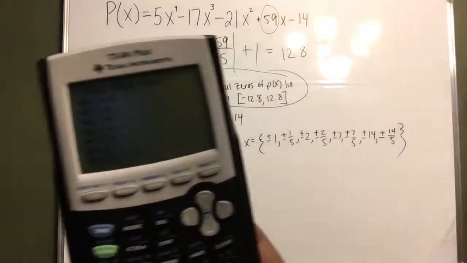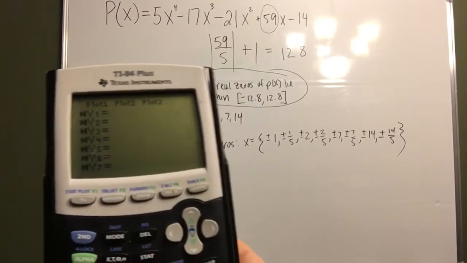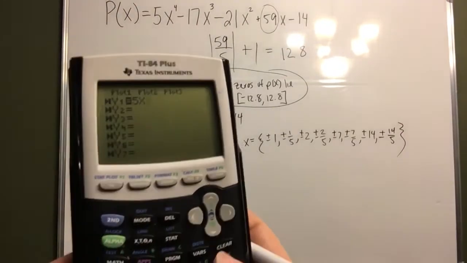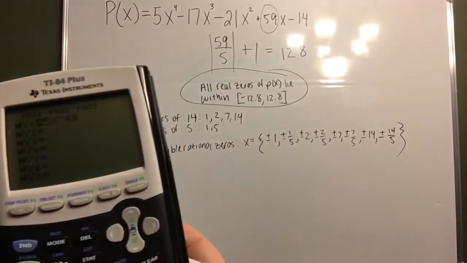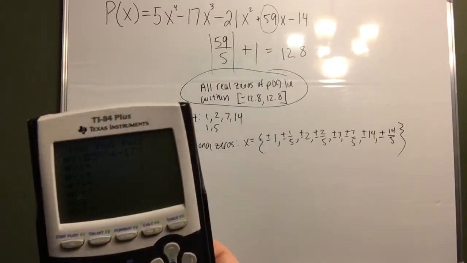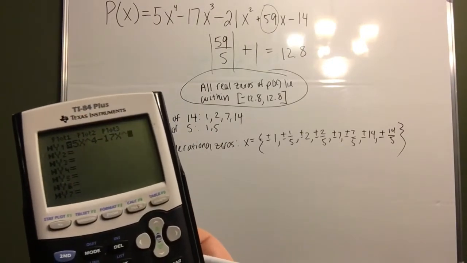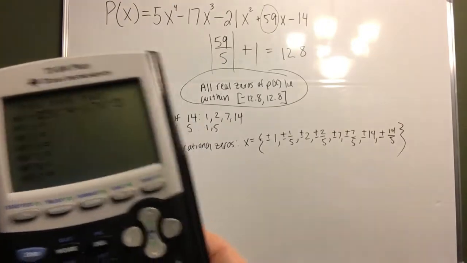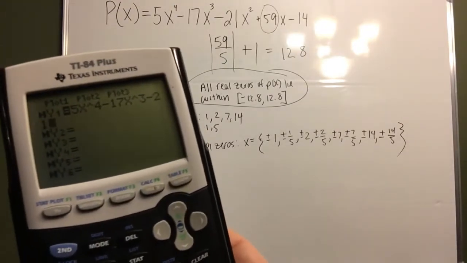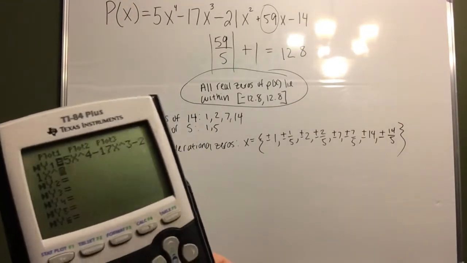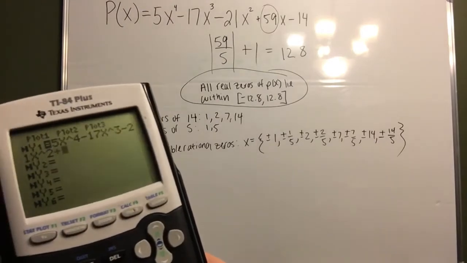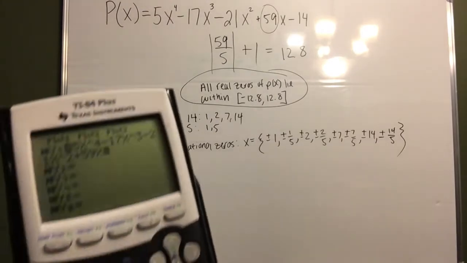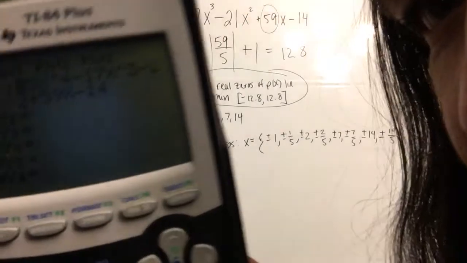And we're gonna type in the polynomial, 5x to the 4th minus 17x to the 3rd minus 21x squared plus 59x minus 14.